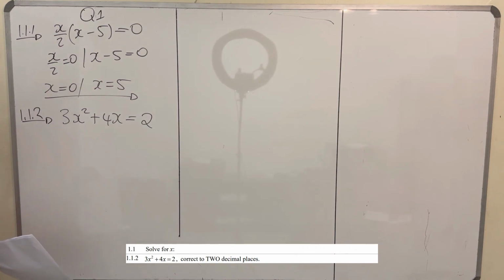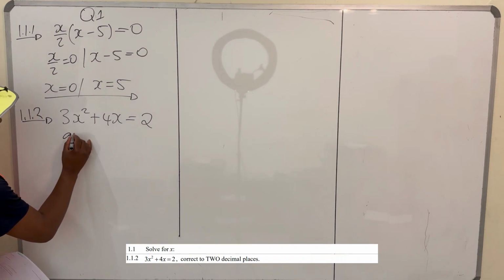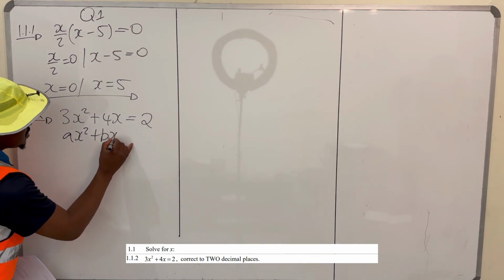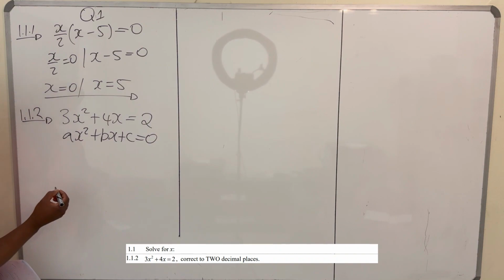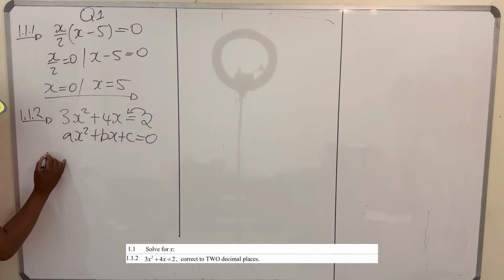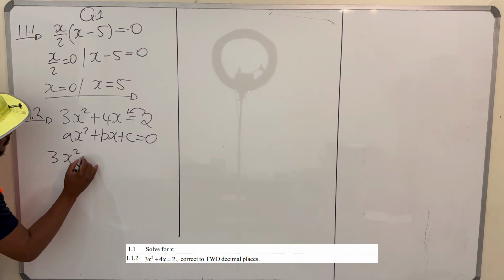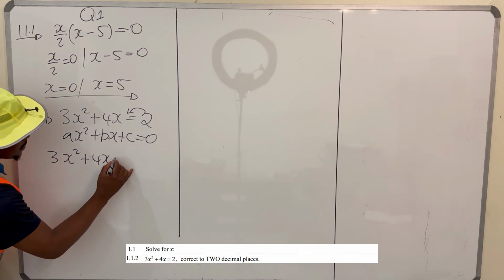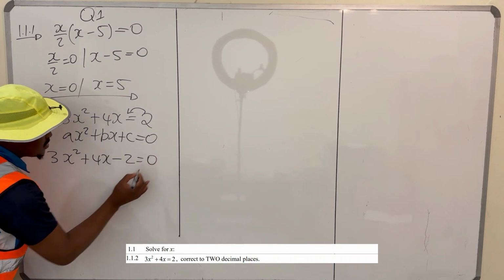You can apply it when the equation is in the form ax squared plus bx plus c is equal to 0. So let's transpose to the left hand side: 3x squared plus 4x minus 2 is equal to 0.